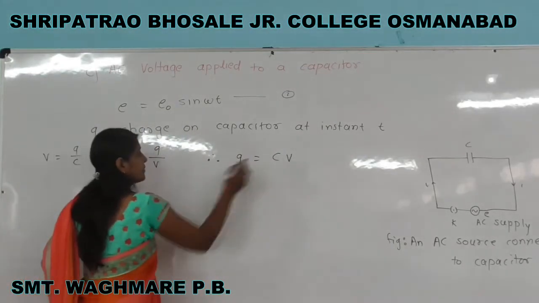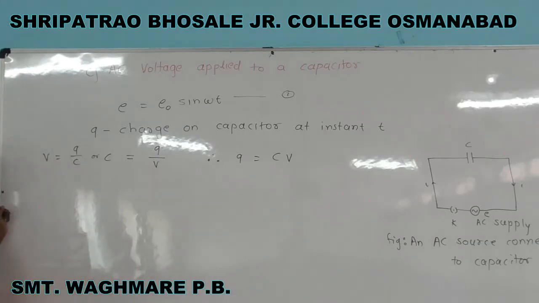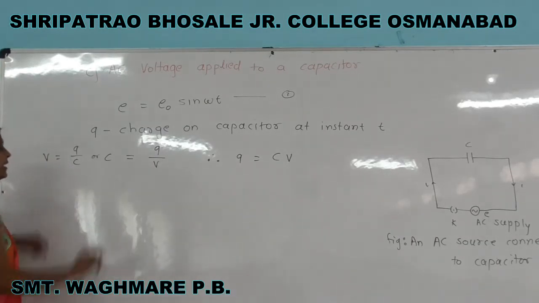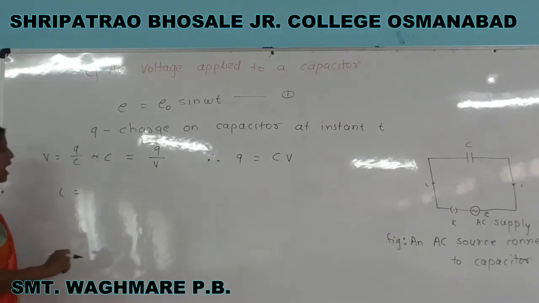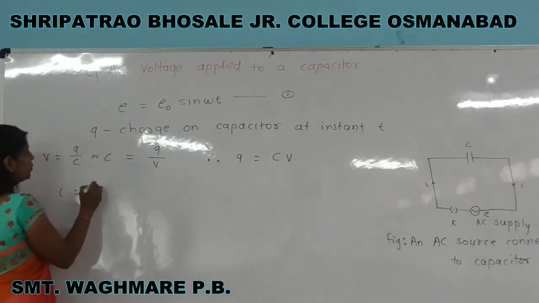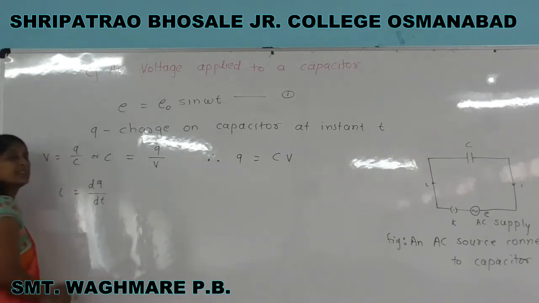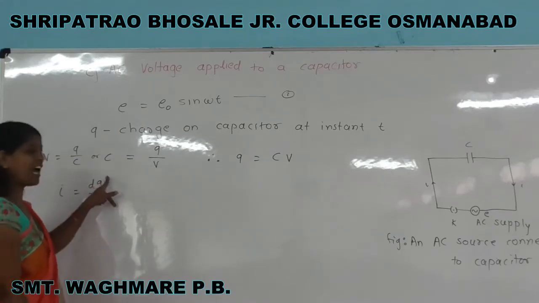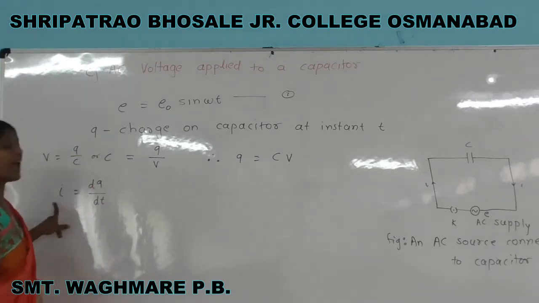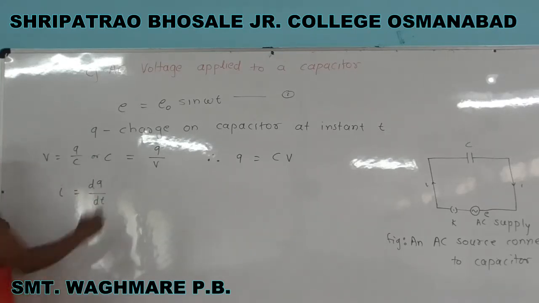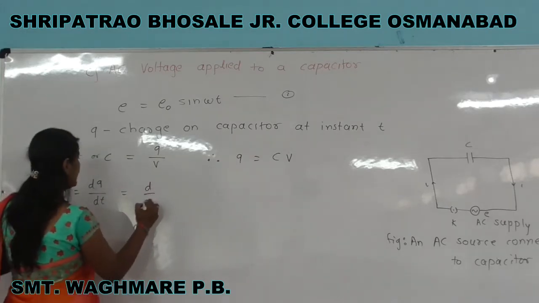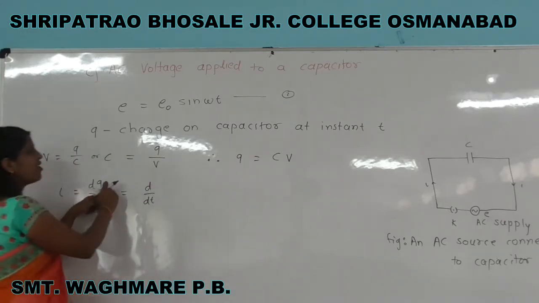Now we know that at instant of time t, I is equal to dq upon dt. This can be written as d by dt of C into V, putting the value of q.